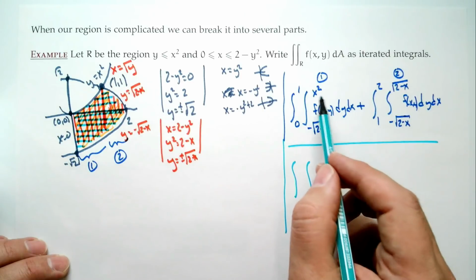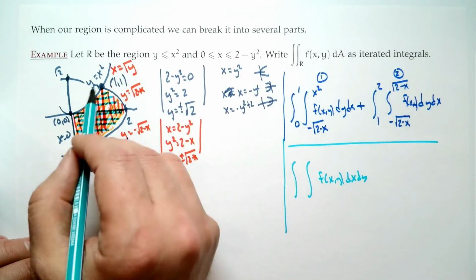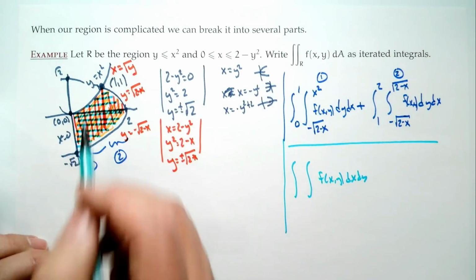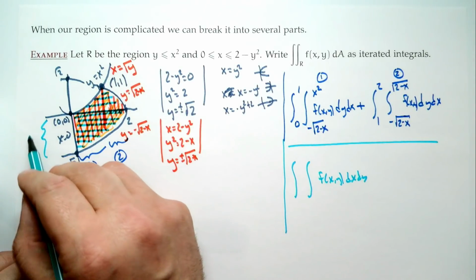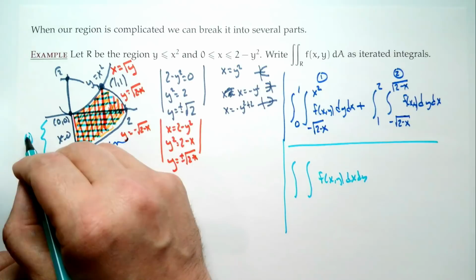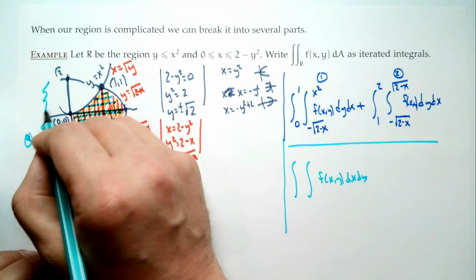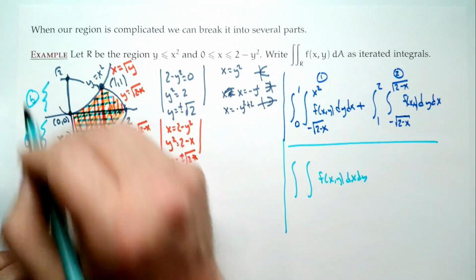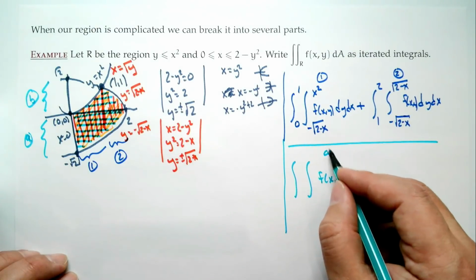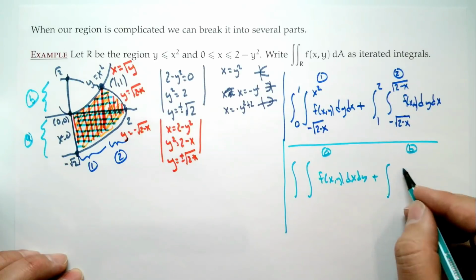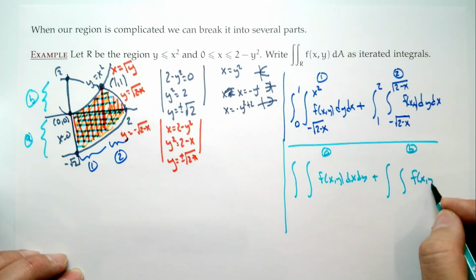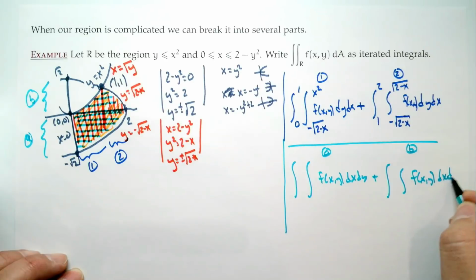Previously the bounding curve on the top changed. Now it's the bounding curve on the left. If I have a bounding curve change, what do I need to do? We're going to split into 2 integrals. I'll choose A and B now, not to be confused with 1 and 2. So we're going to do a part A and a part B, and we're going to add them together.